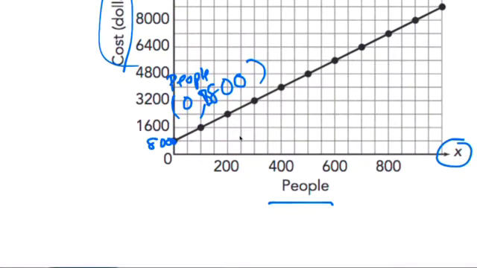I'm going to choose 100 right here. If this is 200, this is 100. 100 people, $1,600.